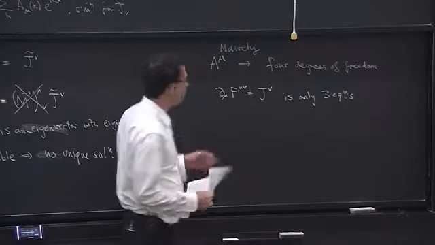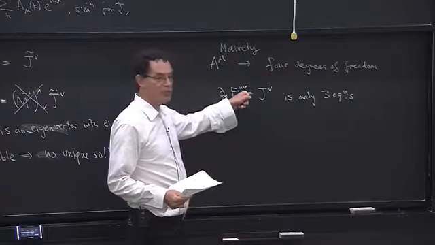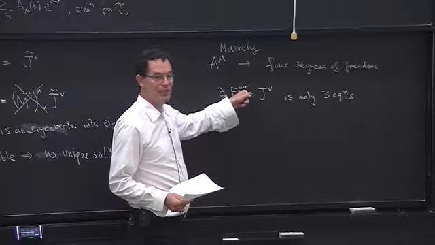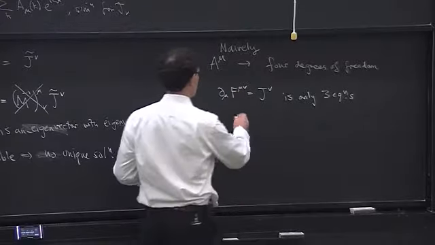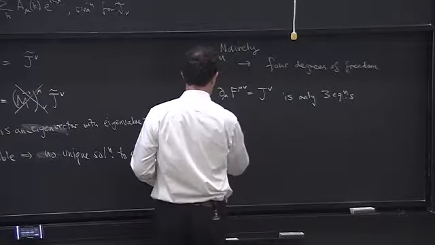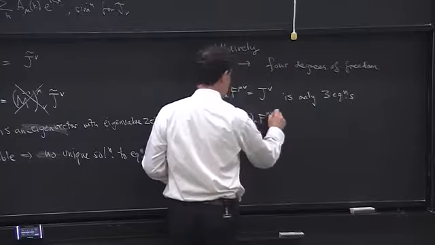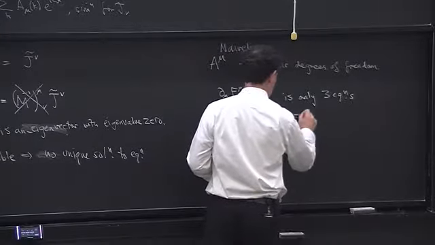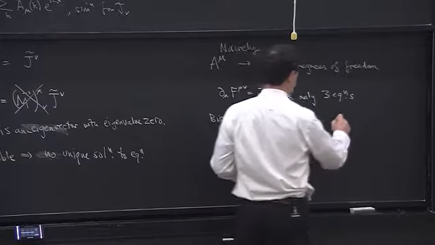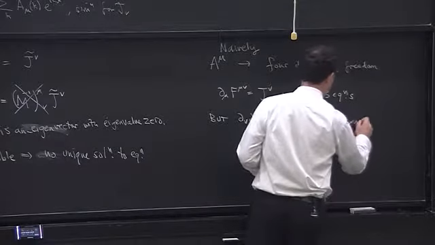Okay, why is it only 3 equations? Because it looks like it's 4 equations, because nu goes 0, 1, 2, 3. But the problem is this obeys an identity: d nu d mu F mu nu equals d nu j nu equals 0. This is an identity.